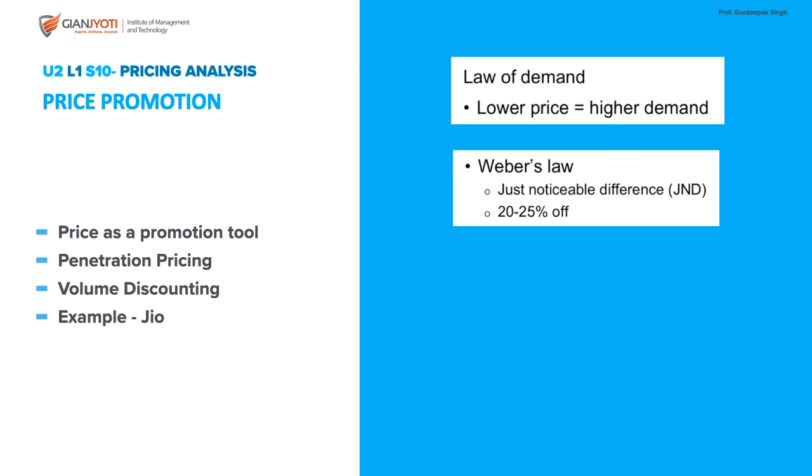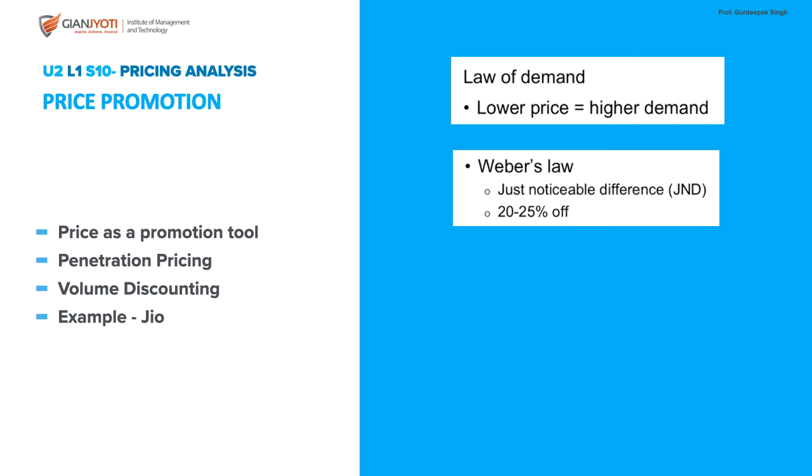Another could be volume discounting. In a way, the price is affected because if you go for more volume, as in the case of pears we were talking about, then we reduce the price because that matters in the revenue equation which we were discussing.